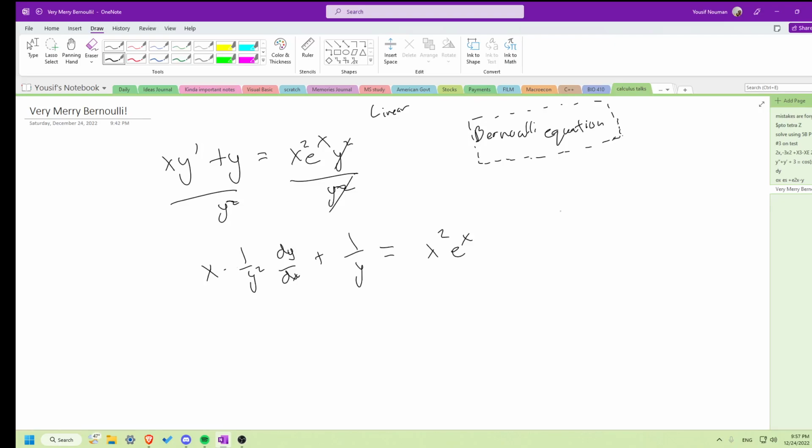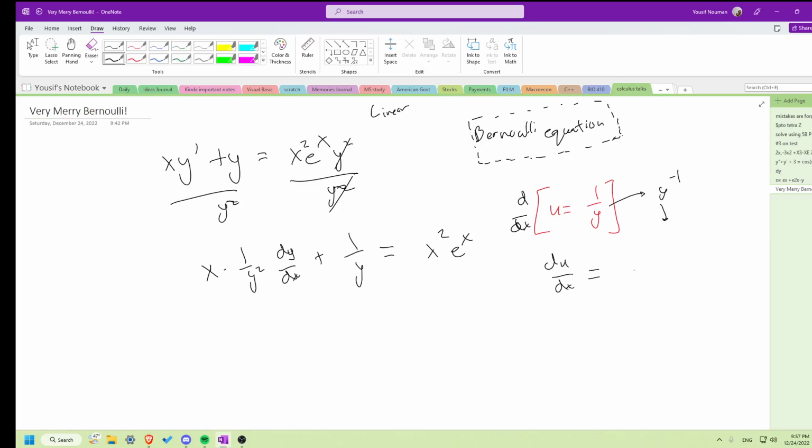If we do this substitution of u equals 1 over y, and then take the derivative of both sides, you get du/dx is equal to, well, this is essentially the same as y to the negative 1.